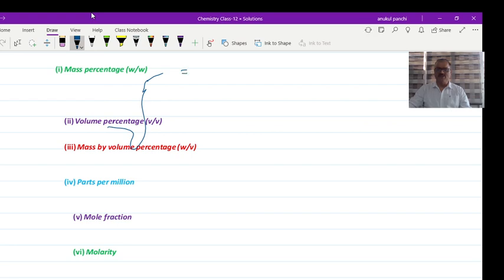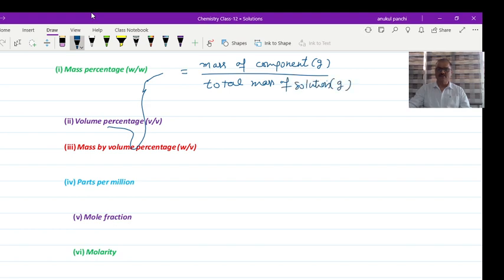And the formula to express mass percentage of a solution is mass of component in gram divided by total mass of solution, that is also in gram, into 100.